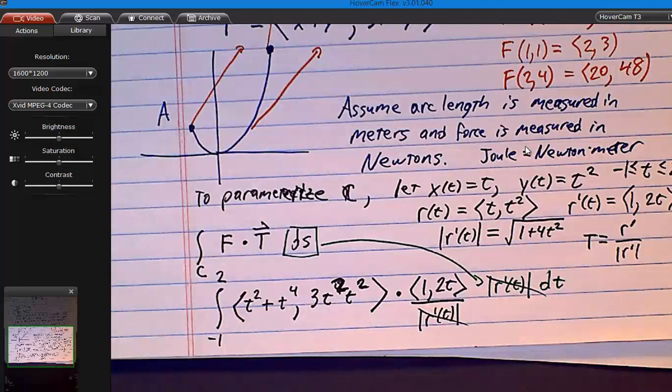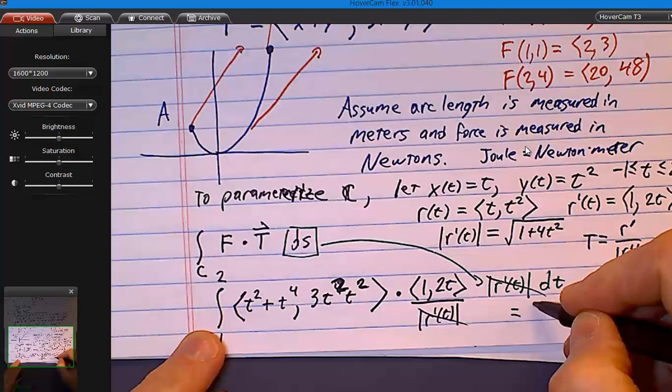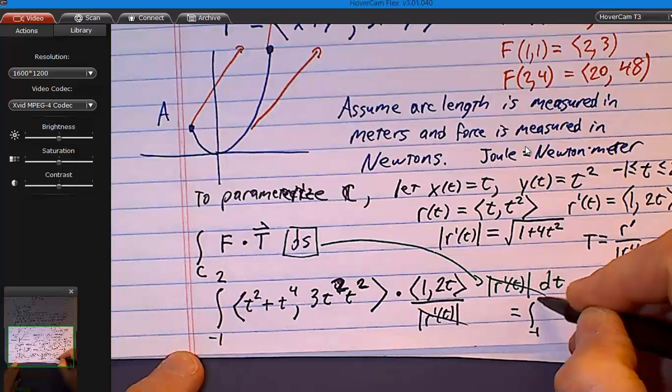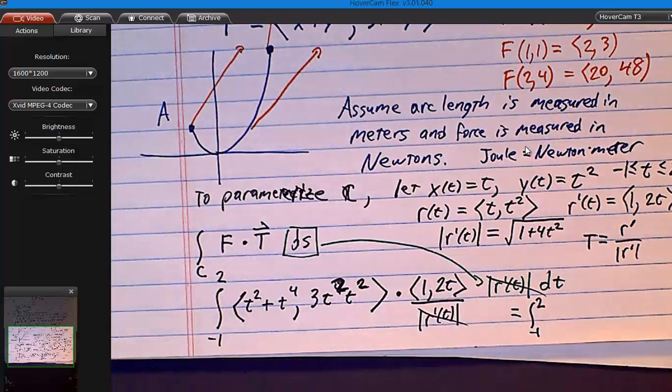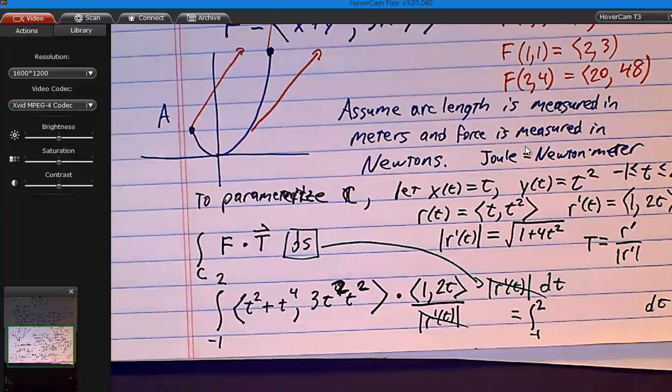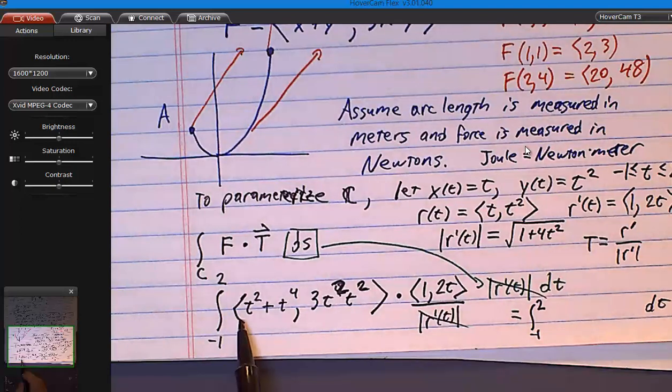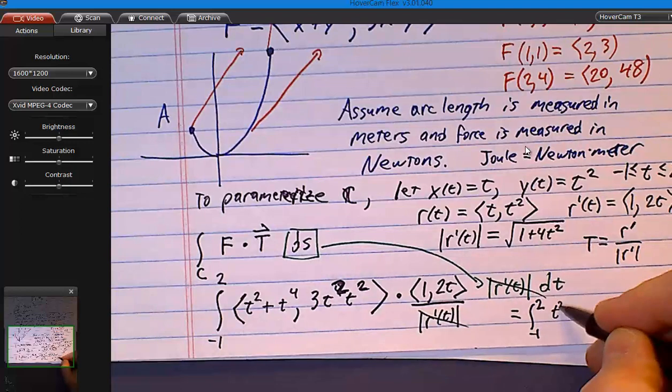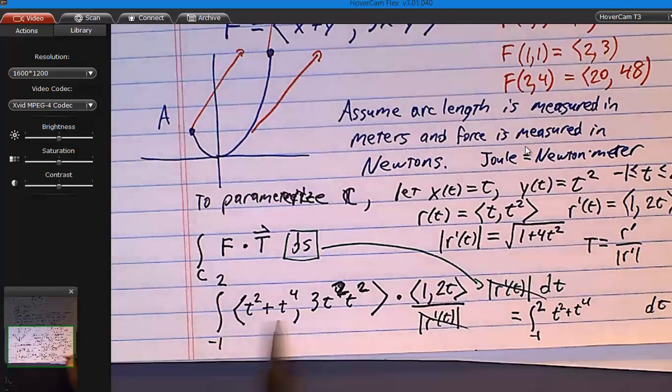All right, so what do we have to integrate? We have to integrate from -1 to +2. Oh, we need the dot product, guys. What's the dot product going to be? You get t squared plus t to the 4th from that first piece, times 1.